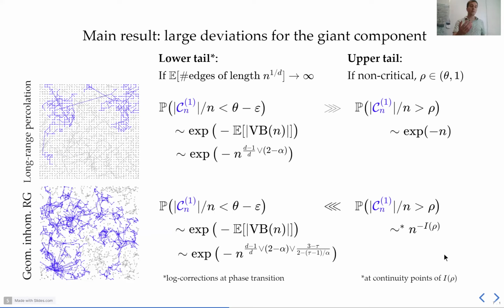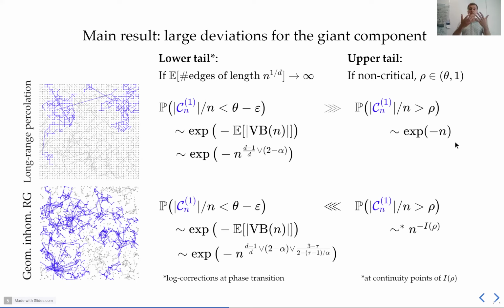And to prove this exponential decay here at the top, maybe let me say a few words about that. We can again study the size of the complement of the giant. By looking at large but constant-sized boxes in our graph, we can control the number of size L components in all those boxes. And these size L components are not in the giant.